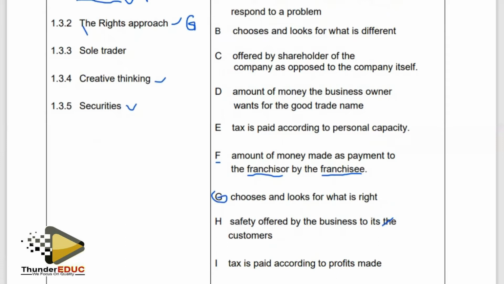And very important is that in terms of taxation, taxes are only payable by the sole trader himself. You get that? By the sole trader himself, not a business.